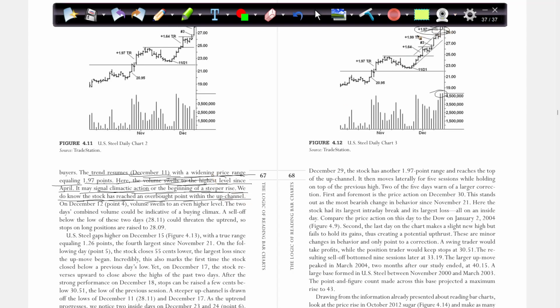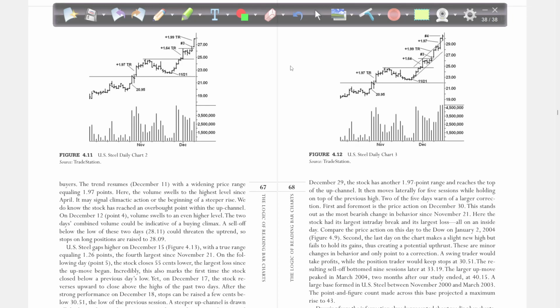Here on December 12th, volume swells to an even higher level. The 2 days' combined volume could be indicative of a buying climax. A sell-off below the low of these 2 days could threaten the uptrend, so stops on long positions are raised to 28.9.